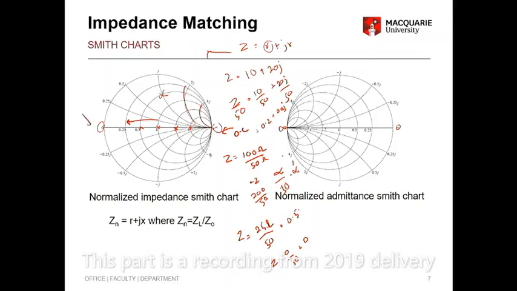So now we at least know how to mark points on the real axis, right? What we don't really know at the moment is what comes up in the upper hemisphere and the lower hemisphere.